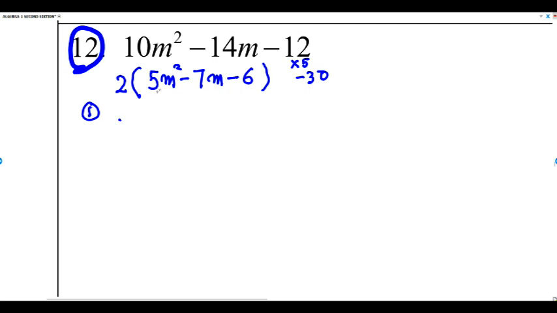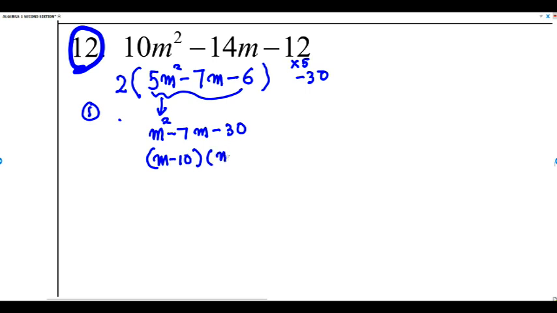So 2 times, I'm going to take this one out, okay? Only this one, when this is out, it looks like this: m squared minus 7m minus 30. That's right, okay? Replace negative 6 with negative 30. Now factor again. What is this one? Can you see the 2 numbers, negative 10 and positive 3, right?